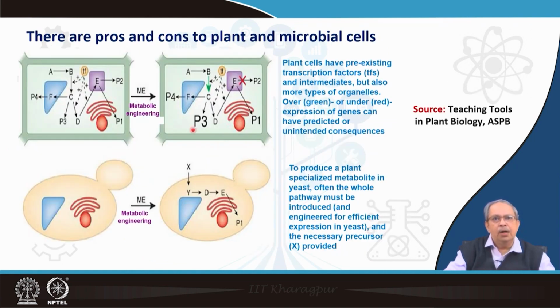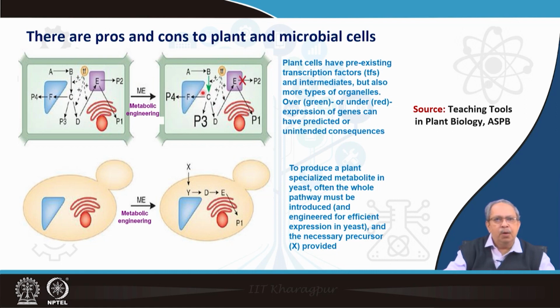Now, there are a few pros and cons. Introducing a pathway in plants is, of course, very challenging and demanding, because plant cells are very complex and there is a lot of side branching.